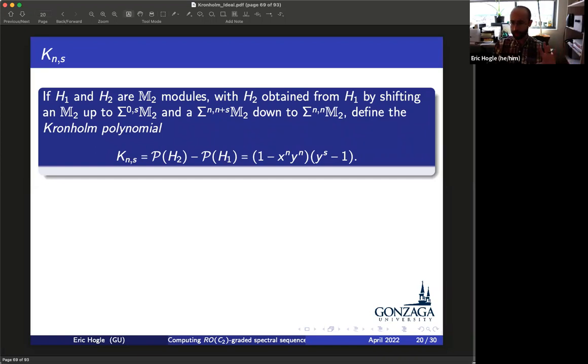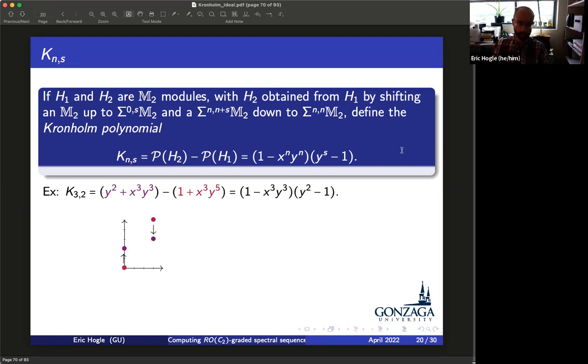Okay. So I'm interested in Cronholm shifts. I'm interested in the ways that these generators can move when we have non-zero differentials in the spectral sequence. And I want to define K_{N,S} to be the difference in the Poincare polynomials when we have an M2 moving up by some shift S, and doing that by mapping to an M2 that's moving down by that same shift S. And I claim this is going to be the general formula for that.